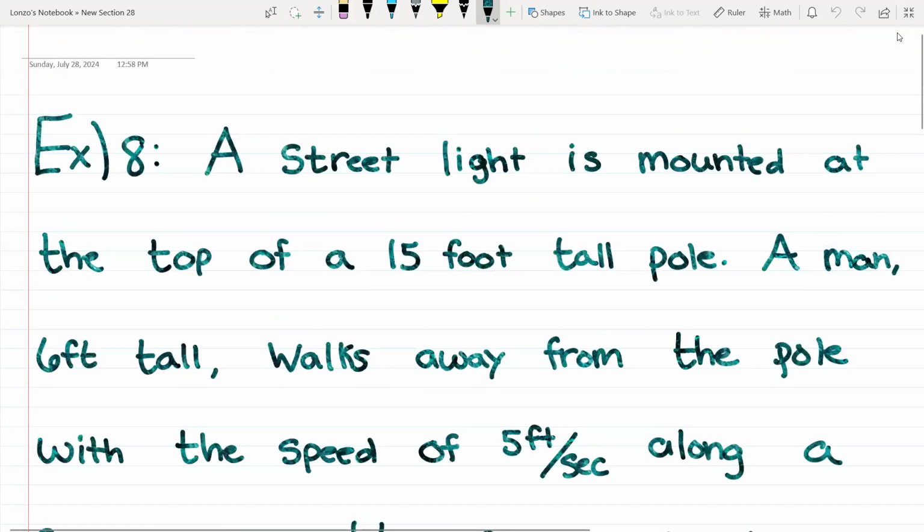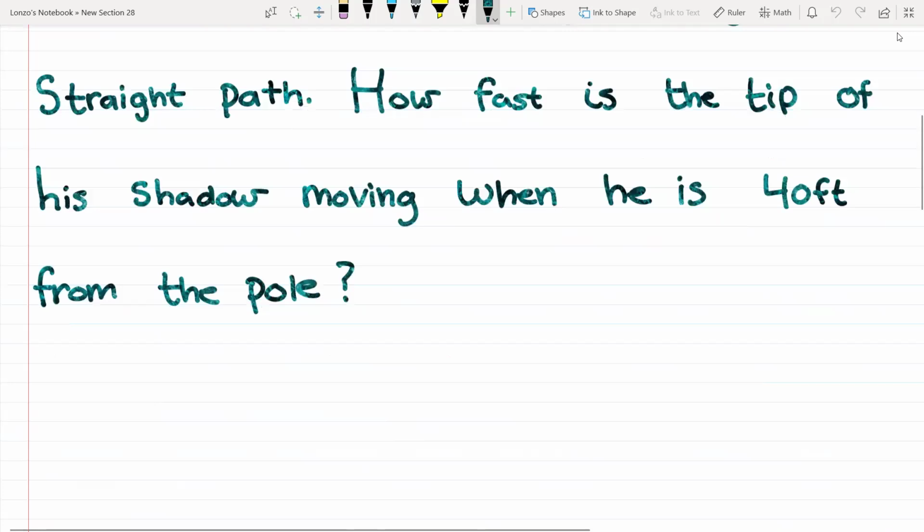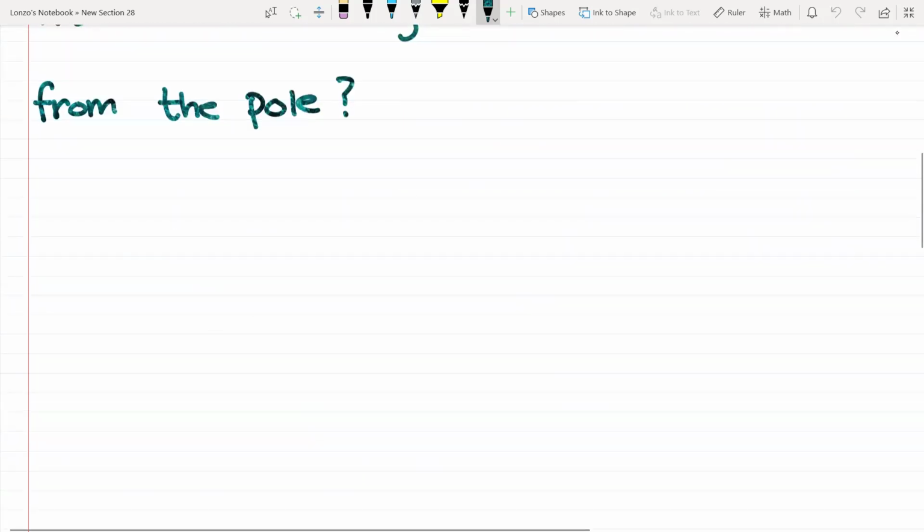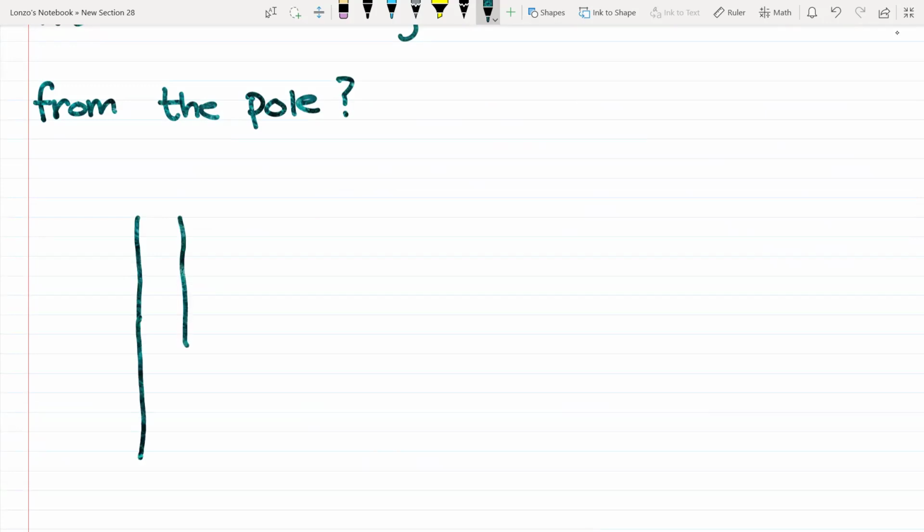So this is a street light problem. Let's draw our image. Let's pretend we have a street light, and here's the street light lamp. It makes light.